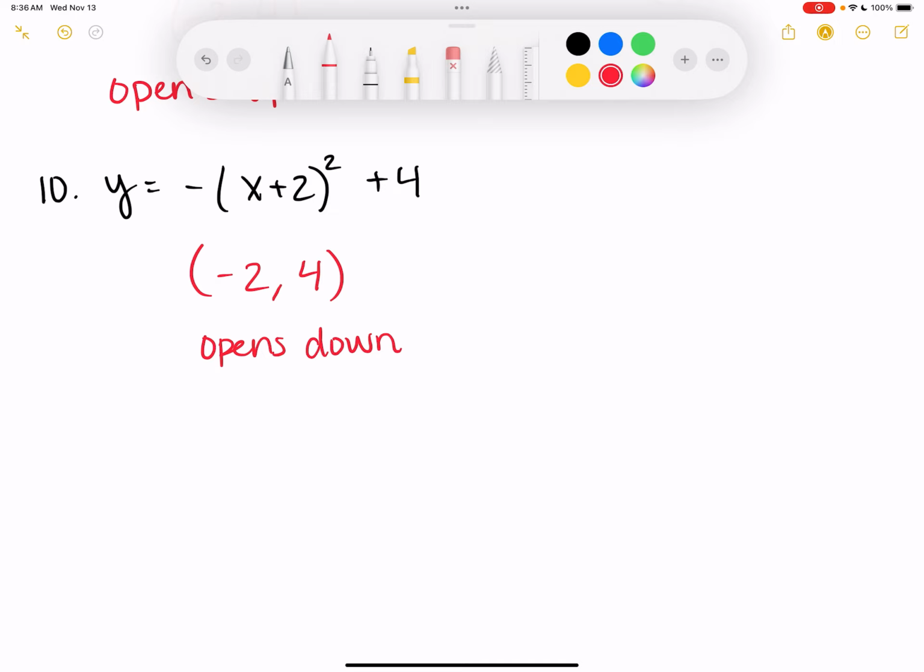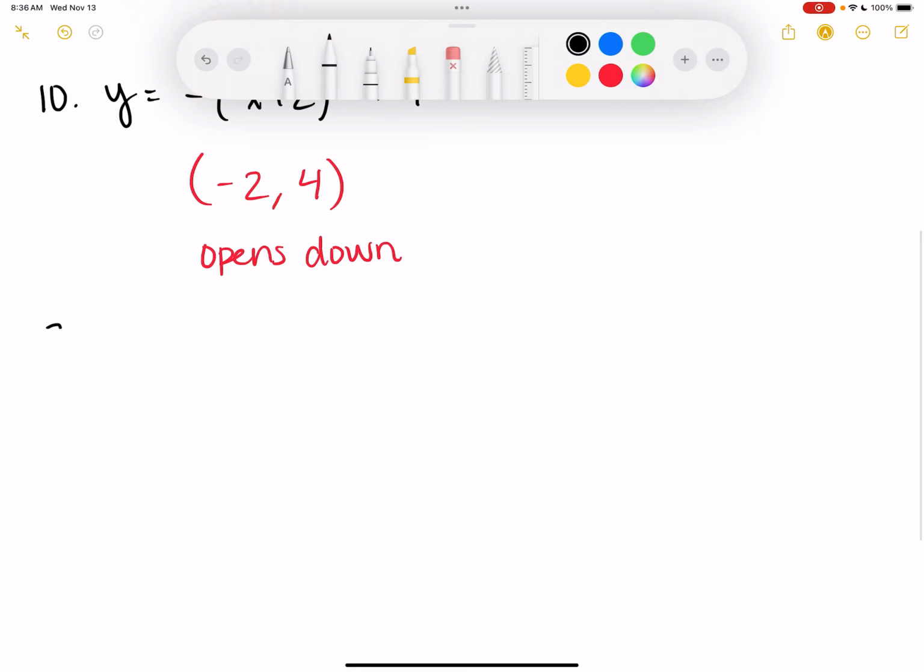anyways, jumping to the actual graphing problems now, because that's the big stuff that we need to do in this section. Number 26, f of x equals x minus 5 squared minus 4.